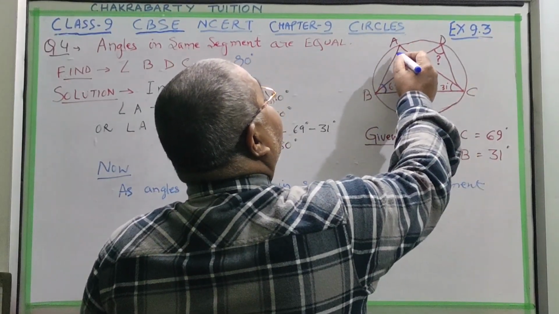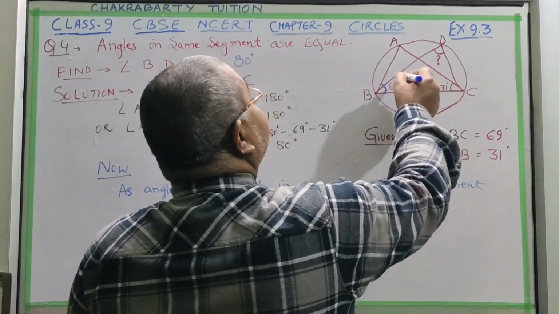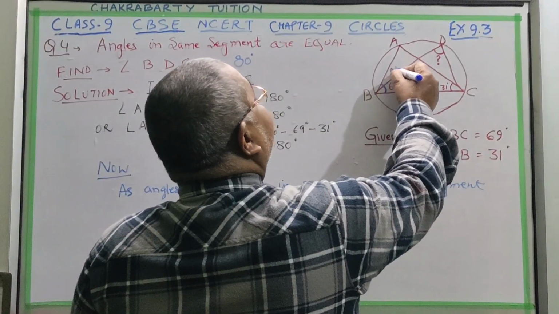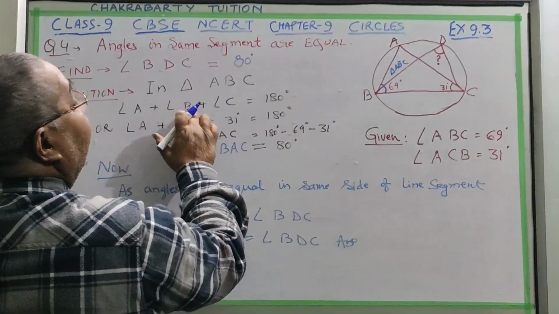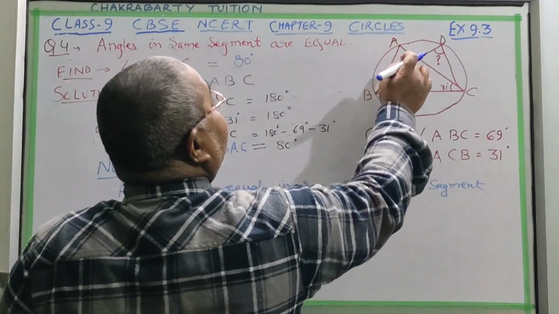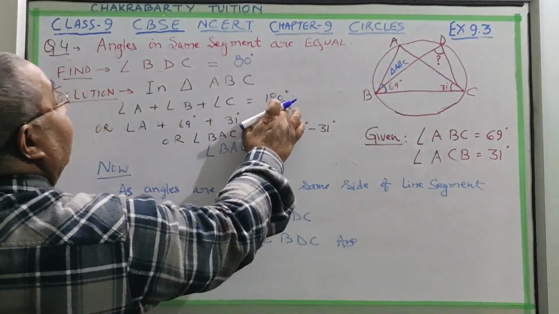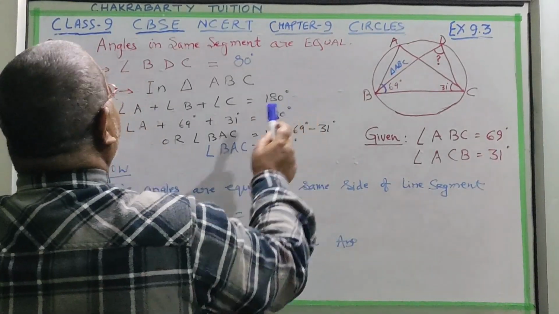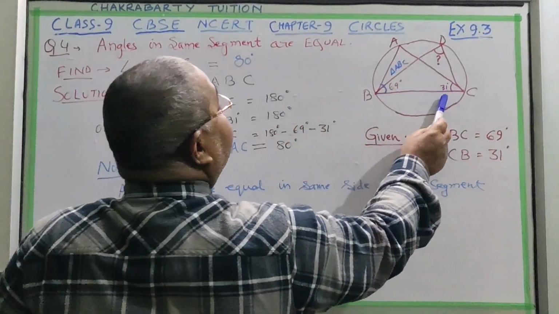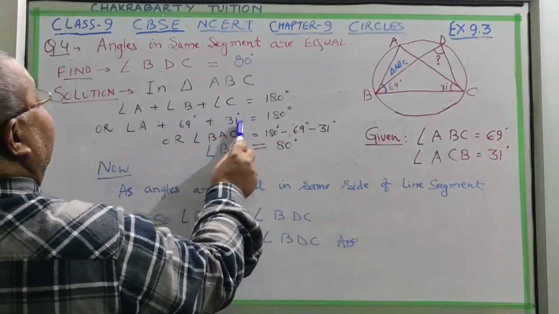So in this triangle, if you take a triangle ABC, a triangle A, B and C. So in triangle ABC, angle A, this B and this C angle should be equal to 180 degree. This is angle sum property. So where angle B and C are 69 and 31.